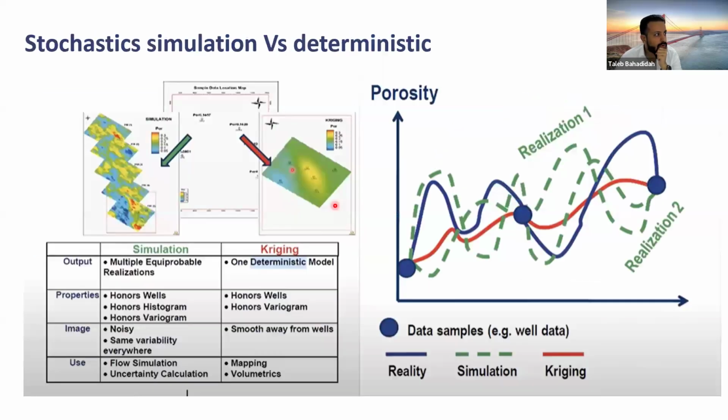Yes. So we have two types of simulation. We have stochastic simulation and we have deterministic. Which algorithm are we using in building the facies? The general rule of thumb: if you have a higher number of wells, a huge number of data, you can use estimation, which is equivalent to kriging or deterministic, and it will give you a very smooth result.